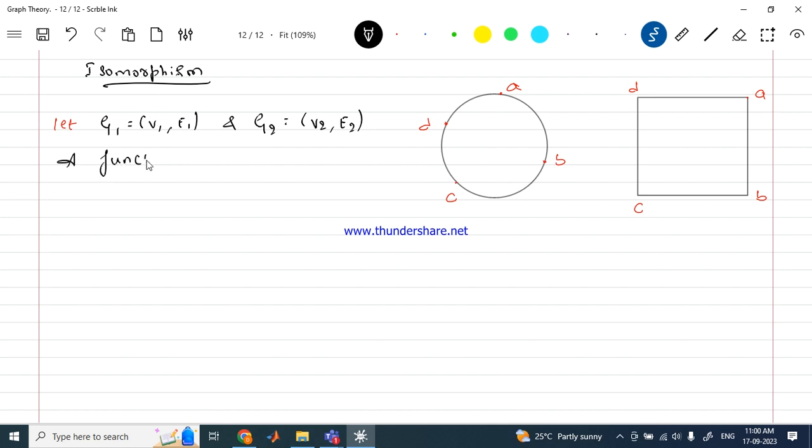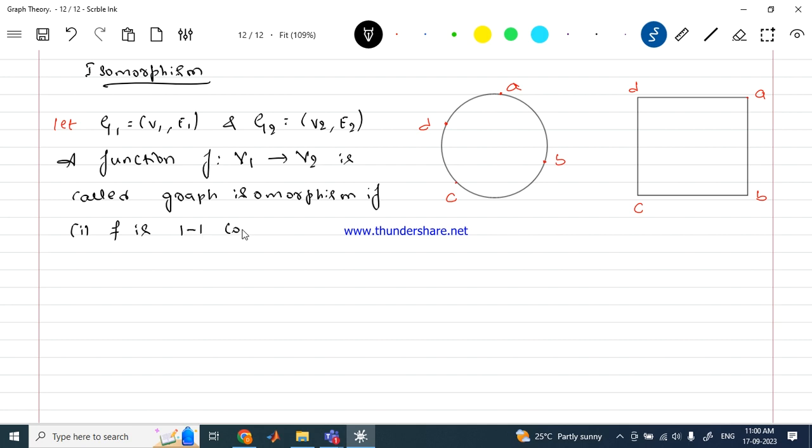If I can find a function f from vertex set V1 to vertex set V2, this function is called a graph isomorphism if, first of all, f is a one-to-one correspondence.